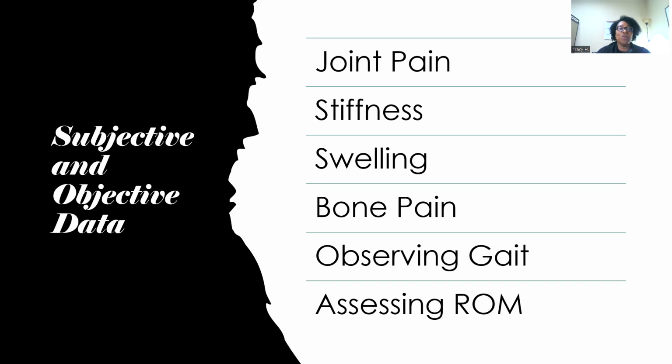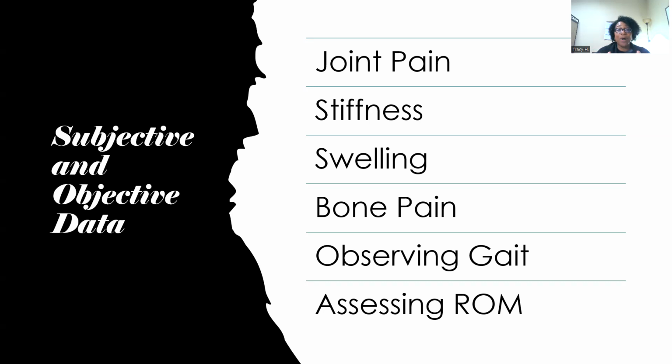So when we move on to data collection, of course, we're going to inspect and palpate. So you're going to observe the client's gait. What's their posture? You're looking at their spinal curve. So when you're assessing them, what does their cervical, thoracic, and lumbar spine look like during your inspection?